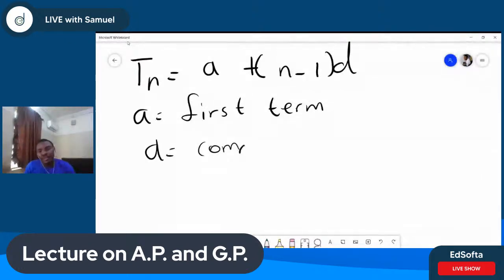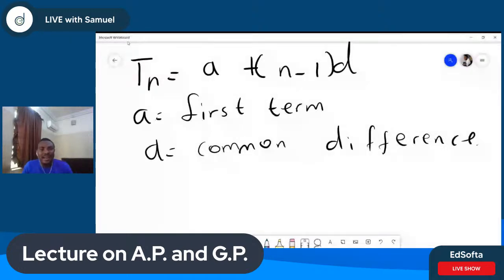Mind you, this is a standard arithmetic progression. This is the formula for solving a standard arithmetic progression.